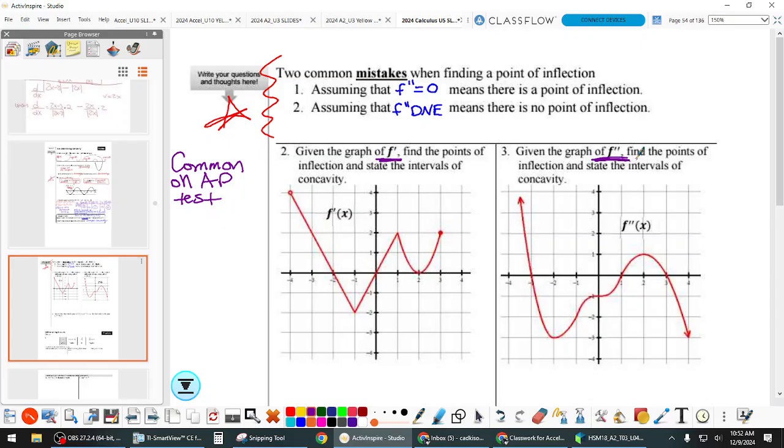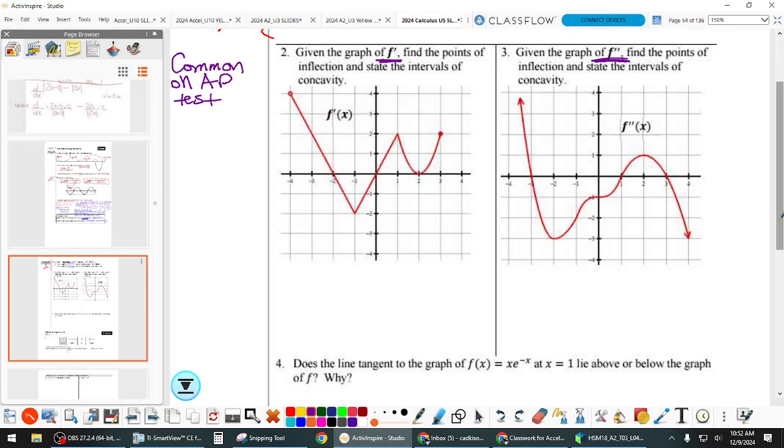So on f prime, where are the points of inflection? Okay, why negative 1? Yep. Where else? I heard negative 1, that's all I heard. Yeah, 1. How about 2?